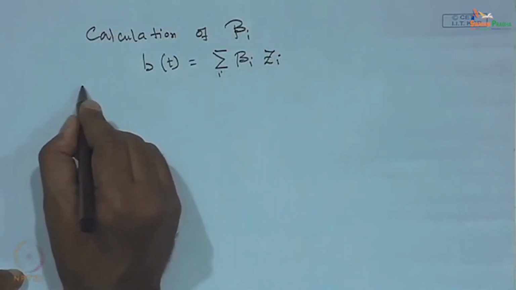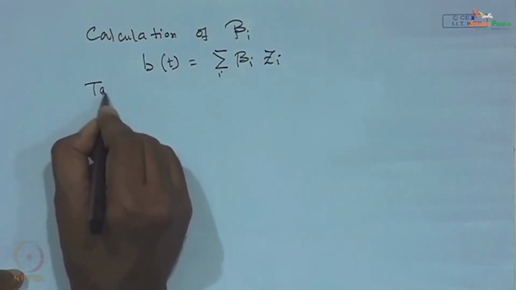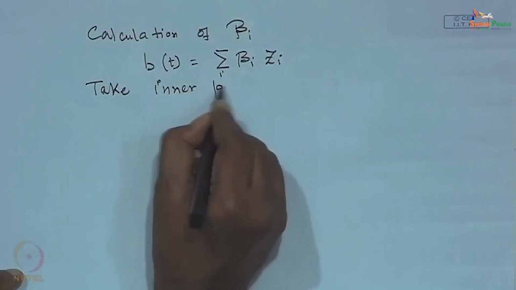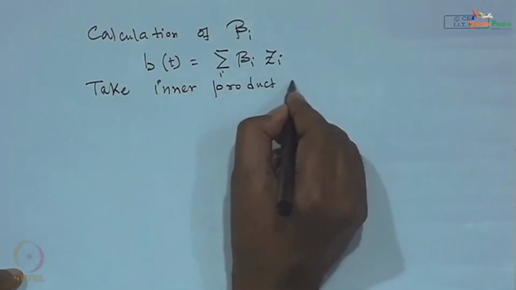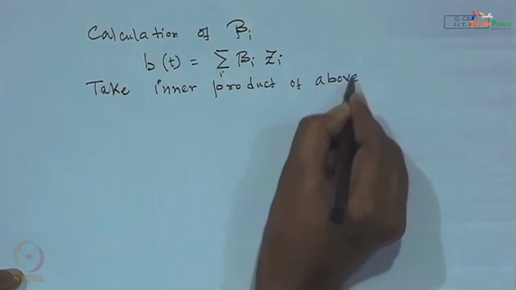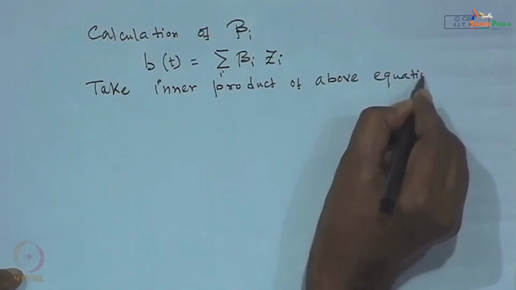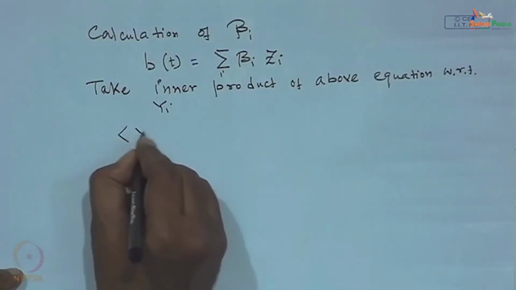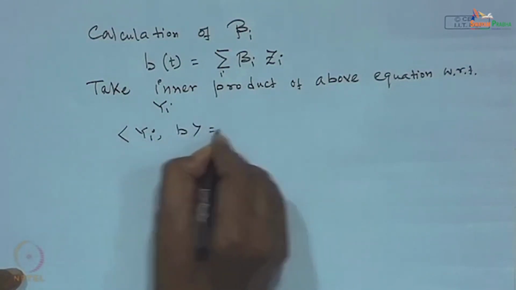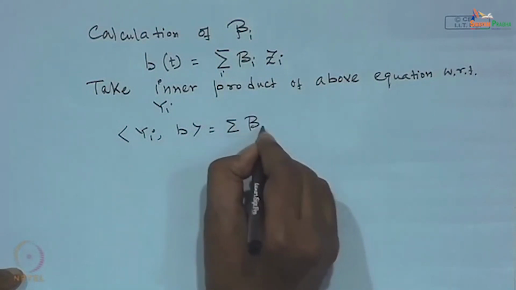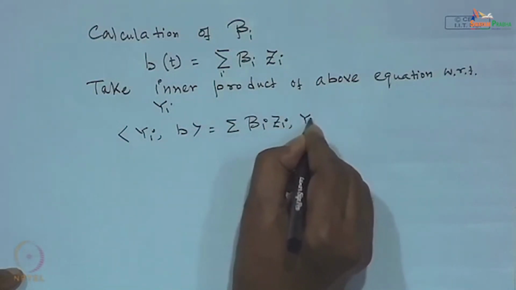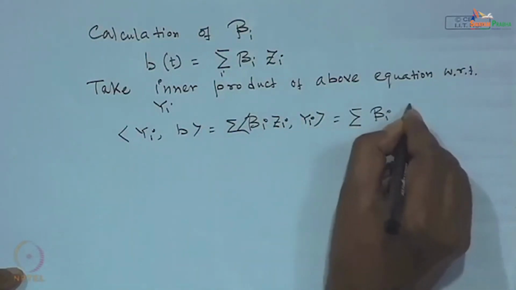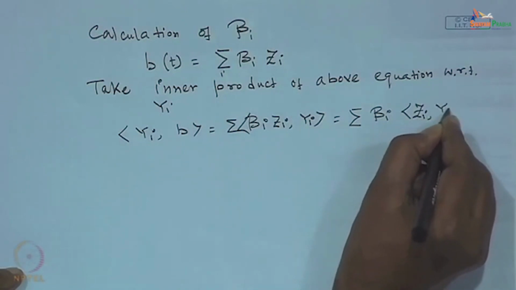Then you can take the inner product of this equation with respect to y_i. So, you will be getting the inner product of y_i and b is the summation of beta_i z_i and y_i, beta_i being a constant. So, it will be the summation of beta_i times the inner product of z_i and y_i.